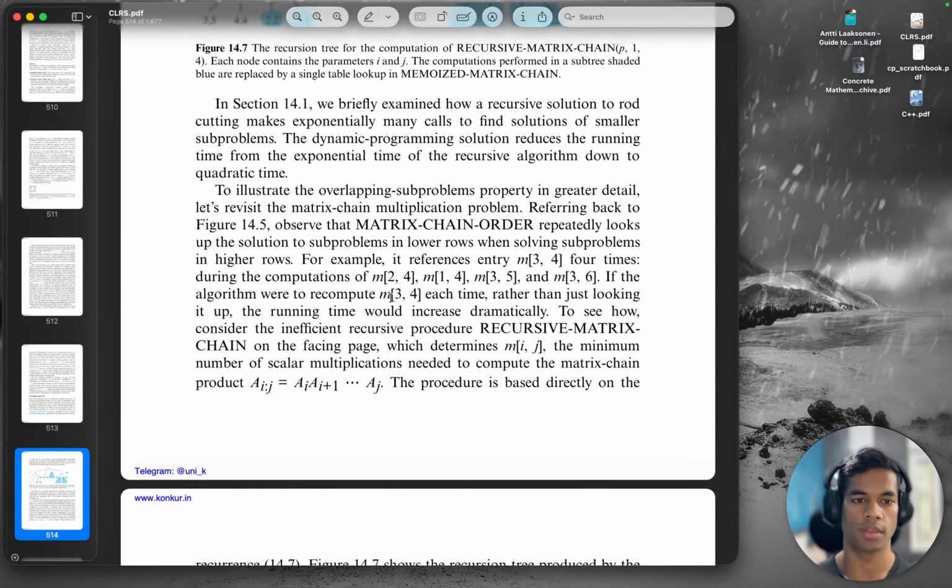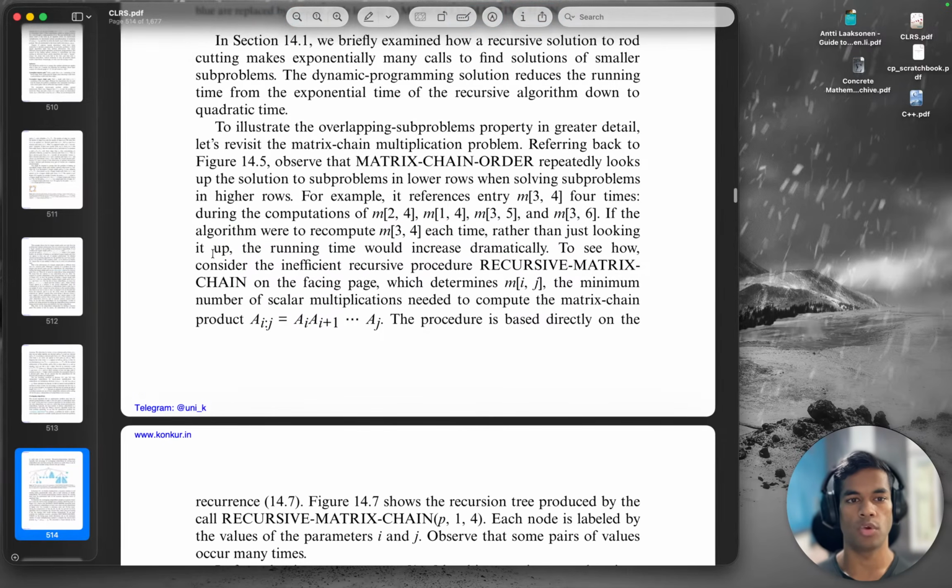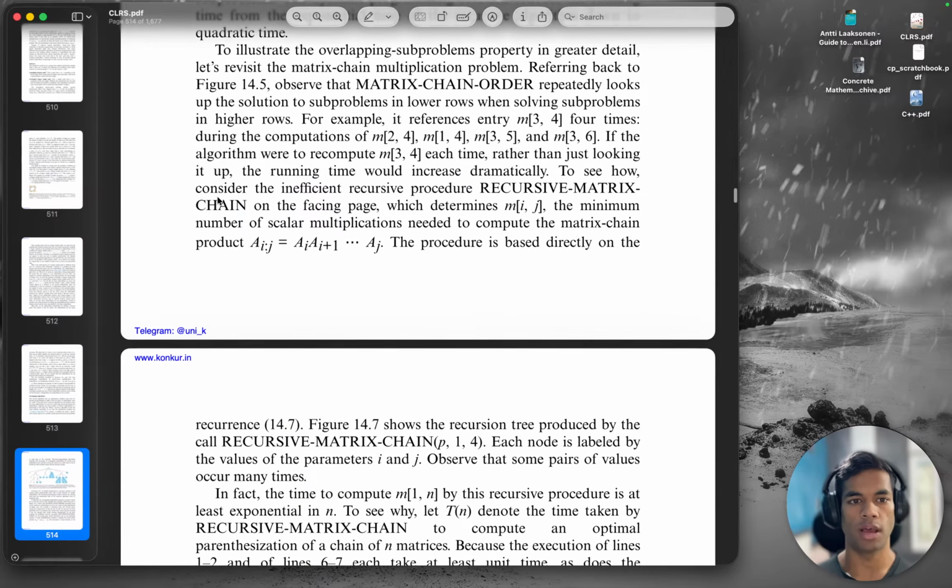Yeah, cool. If the algorithm were to recompute 3,4 every time rather than just looking it up, the running time would increase dramatically. To see how, consider the inefficient recursive procedure, recursive matrix chain, on the facing page.